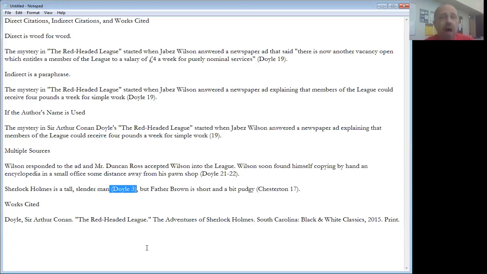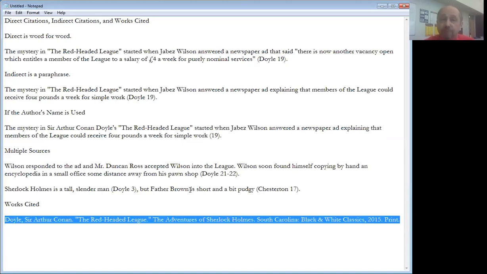Pretty simple. In any event, this is the basics of direct citations and indirect citations using MLA format, and the format for how to specifically add a book to my works cited page, which goes at the end of my paper.